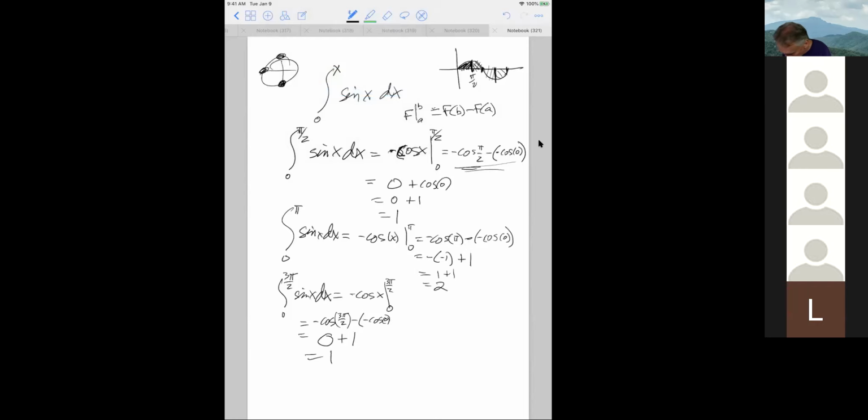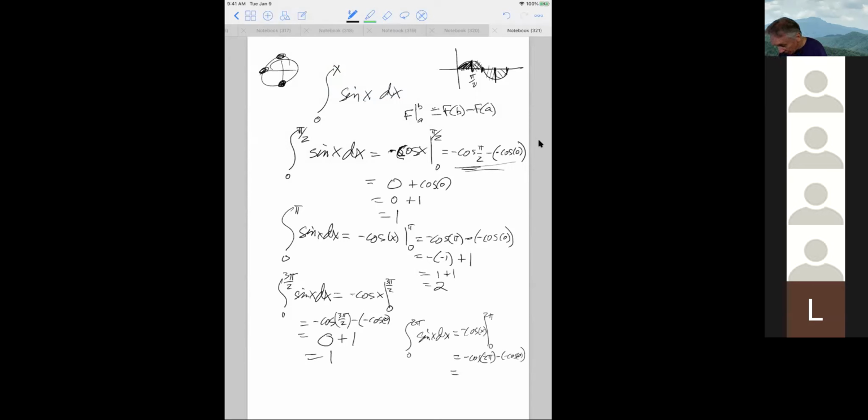So the integral, let's do the integral of 0 to 2 pi of sine x dx equals negative cos x from 0 to 2 pi, right? That gives us negative cos of 2 pi minus negative cos of 0.